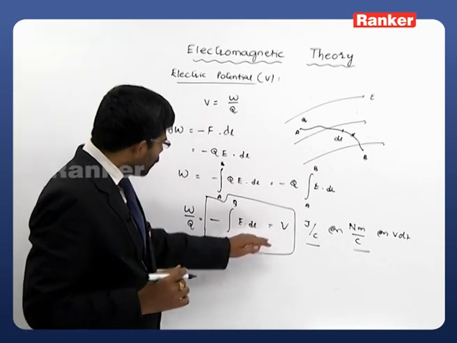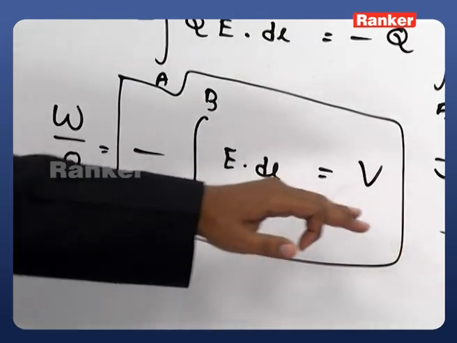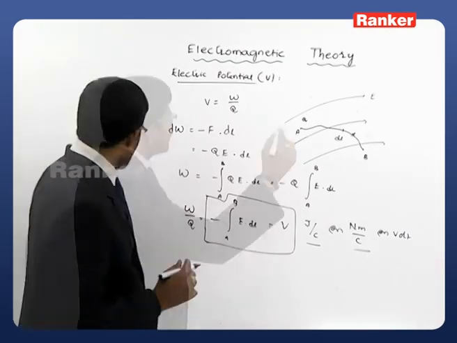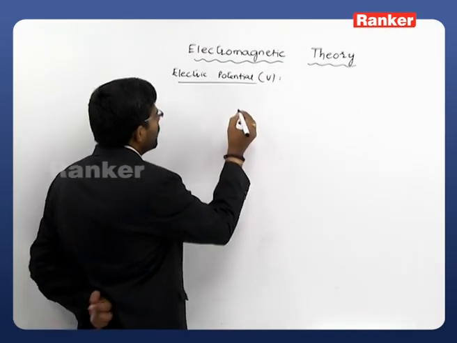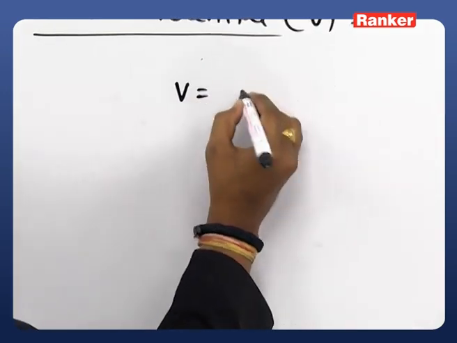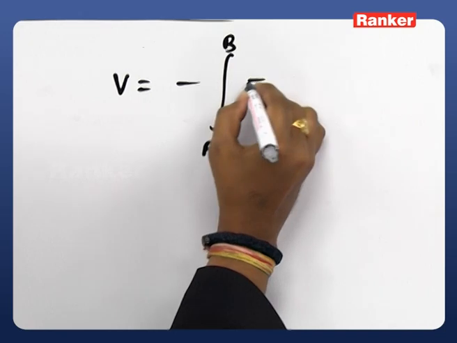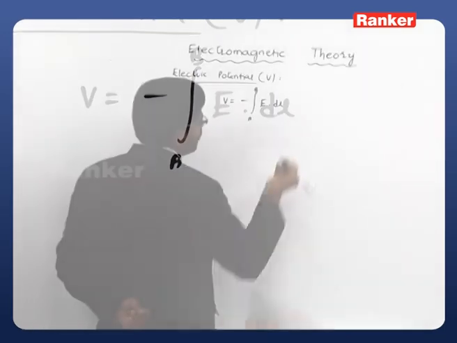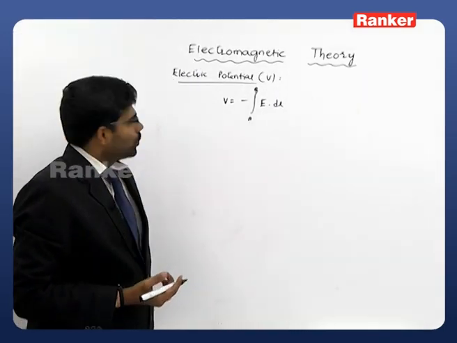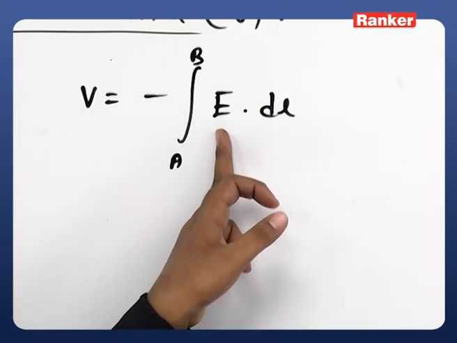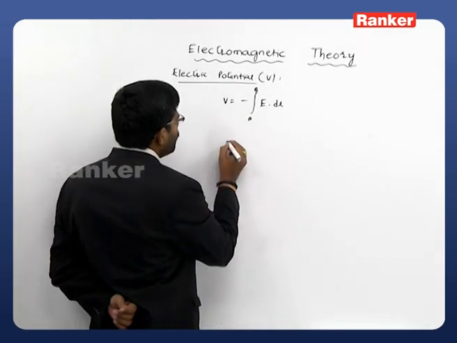Right now we will discuss particularly this relation only. Just now we obtained the relation between V and E as V is equal to minus the line integral from point A to B of E dl. Now replace E here.